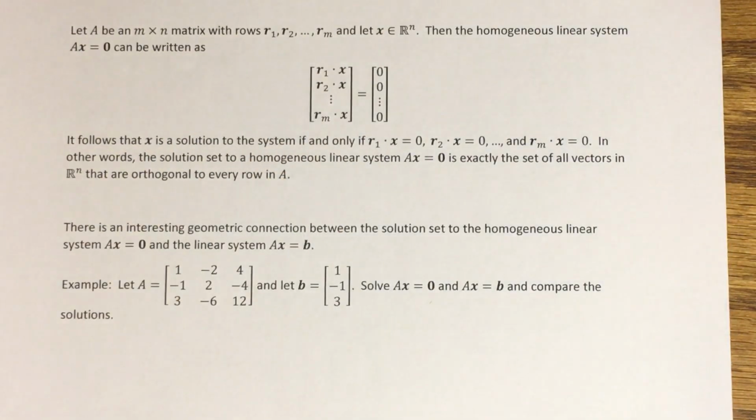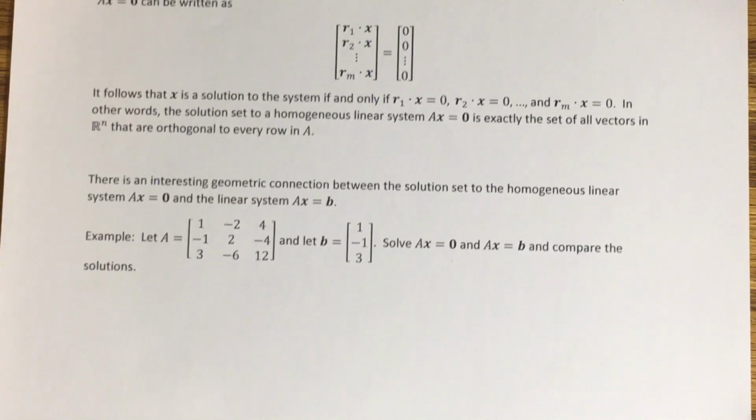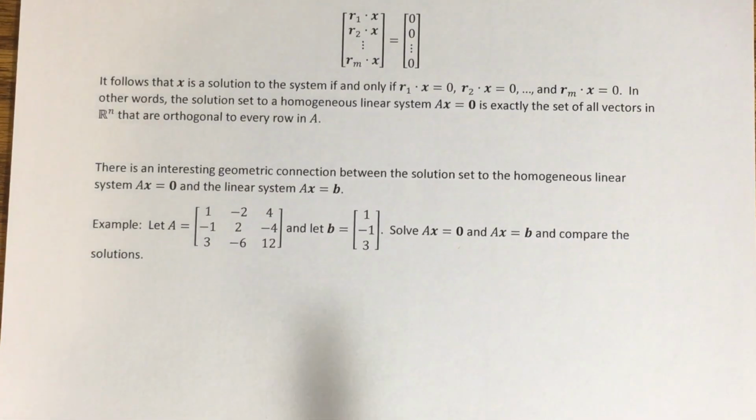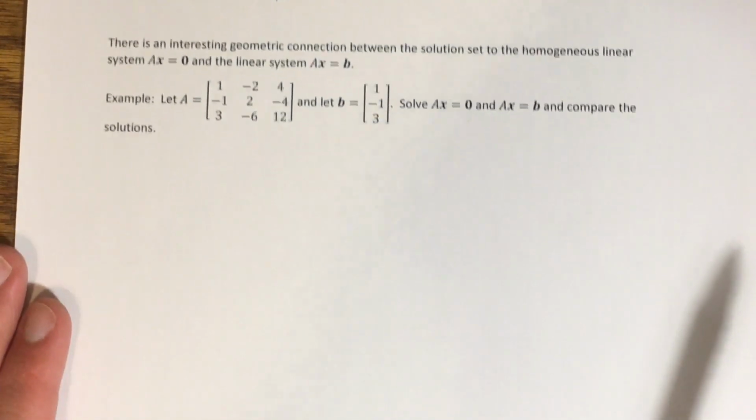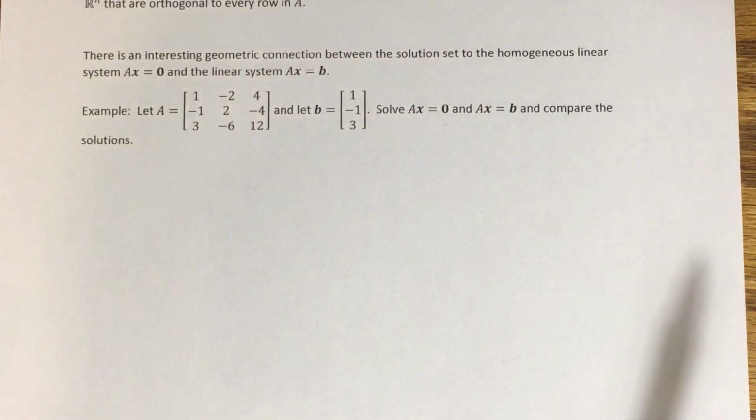So when we're talking about a set of solutions to a homogeneous linear system, we are specifically talking about the set of all vectors that are orthogonal to every row in A. It's an interesting way of geometrically characterizing those solution sets. Okay, so let's keep that in mind. Now let's look over here.